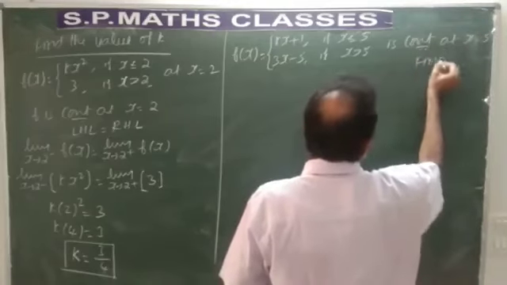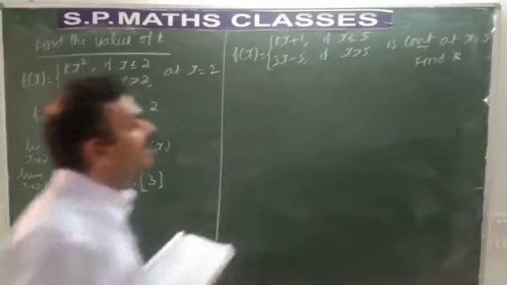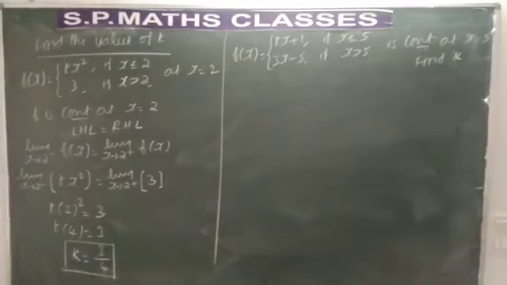Find k. So same type of problem. Find the value of k if the function f of x is continuous at x is equal to 5. So probably you can solve this problem, I believe.